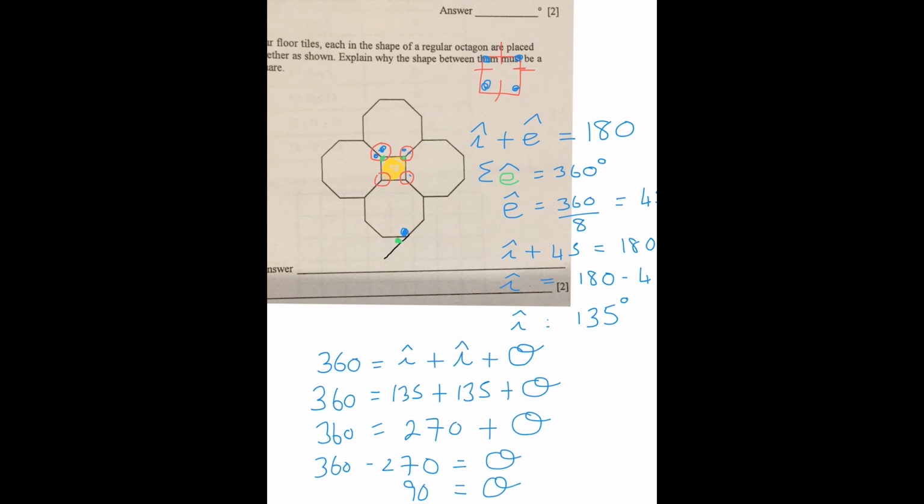Likewise, for this interior angle, and this being 90, and this interior angle, this must also be 90. So we have a four-sided shape with four angles of 90 degrees, so the shape in the middle of the four octagon tiles must be a square. QED.